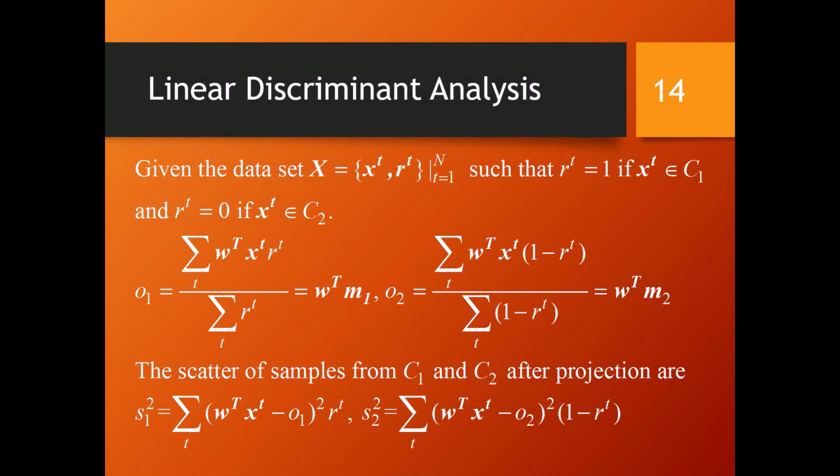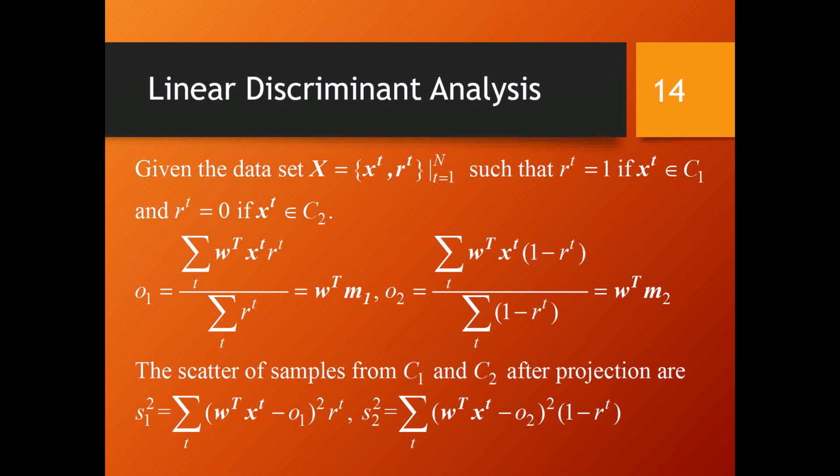But in order to make the equation simpler, the author of LDA neglects the denominator part. So this is the variance S1, and this is the variance S2, except that we don't have the denominator part. This is the variance of class 1 data, and this is the variance of class 2 data.